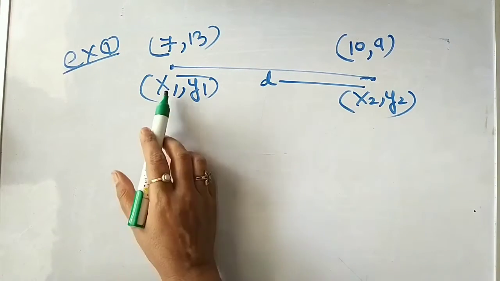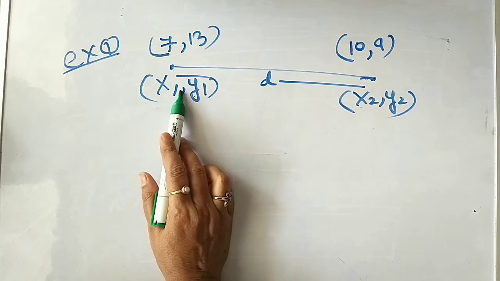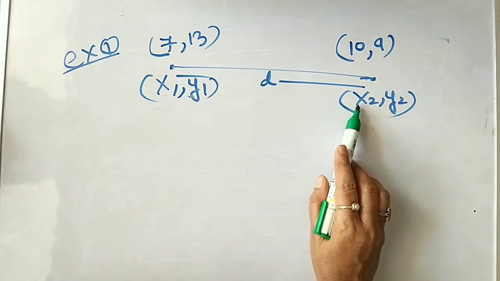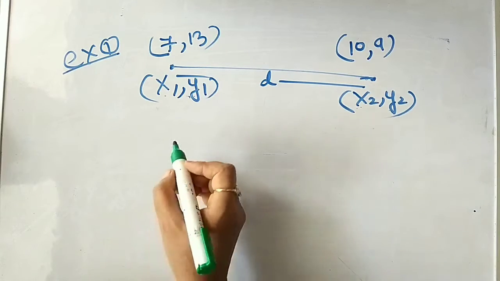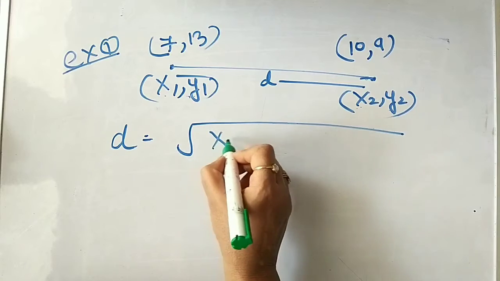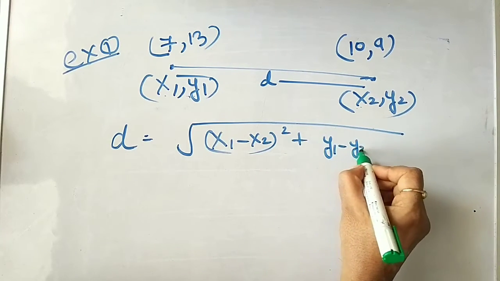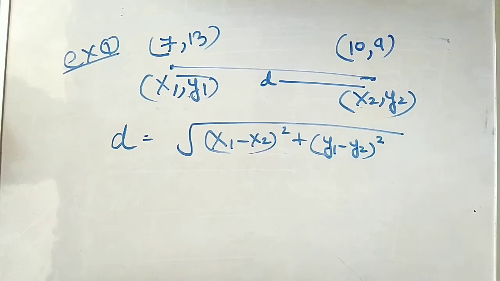Never take x1, x2 or y1, y2 by mistake. It's always x first part, y second part. Now write down the formula: root of (x1 minus x2) square plus (y1 minus y2) square.